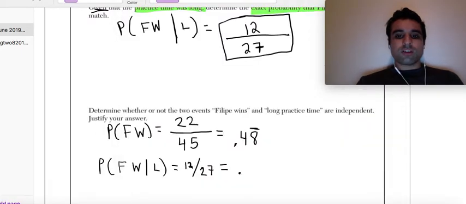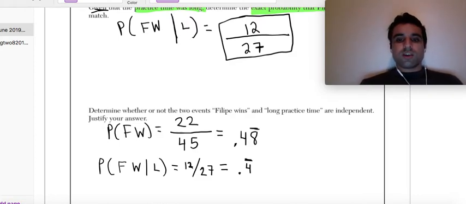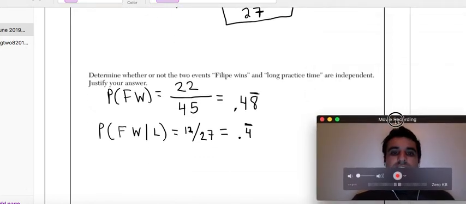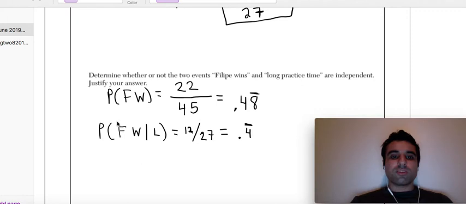That's what the bar on top means. Or it could be 0.44444, right? So they're not equal. It said determine whether they're independent. If they're independent, the conditional probability would have been the same. So determine whether or not the two events are independent, Felipe winning and long practice time. Justify your answer.